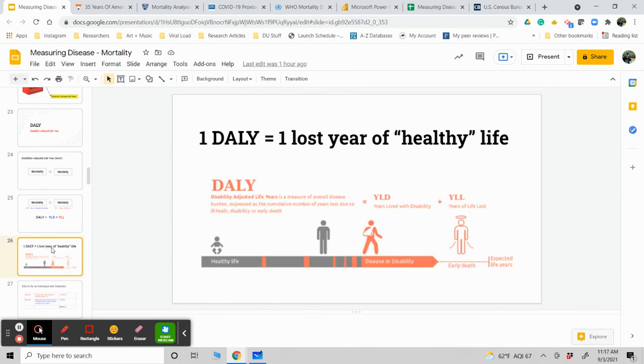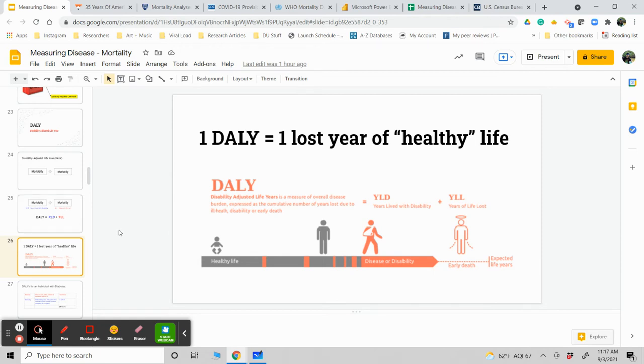One DALY means one lost year of healthy life. So if the country you live in has a life expectancy of 75 and someone dies at the age of 70, well, they've lost 5 theoretically healthy years of life. So that is 5 DALYs that person contributes to the statistics.